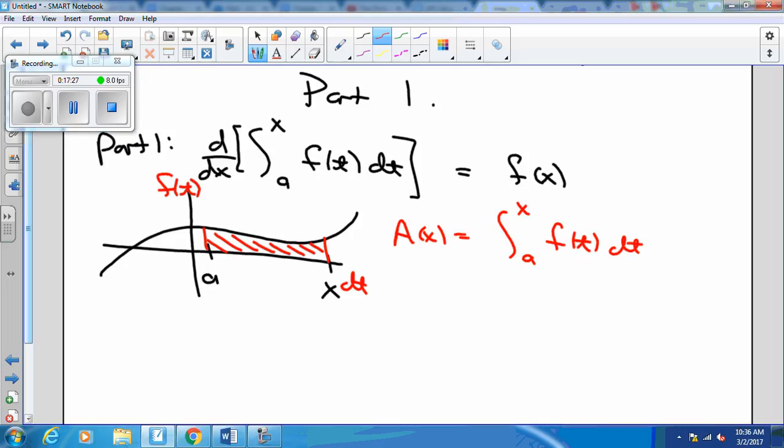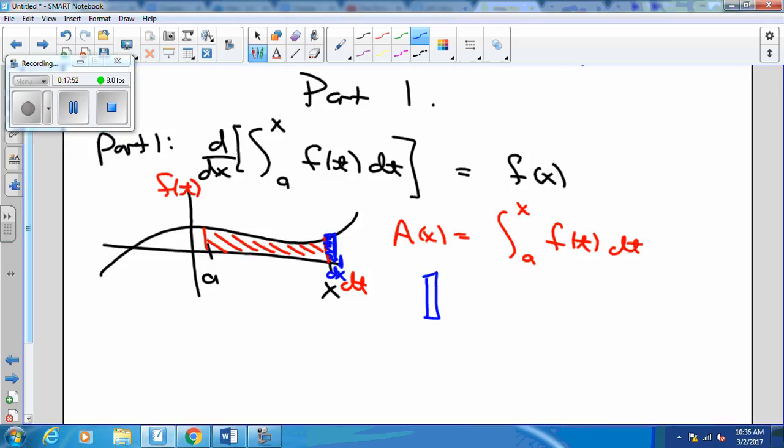What is the rate at which area is increasing as x increases? And now the plausibility argument is one that I've already made, and that is if I increase x by a little bit, dx, then what I get is a little bit of extra area, and that little bit of extra area is represented in blue right there. We're going to call that dA.